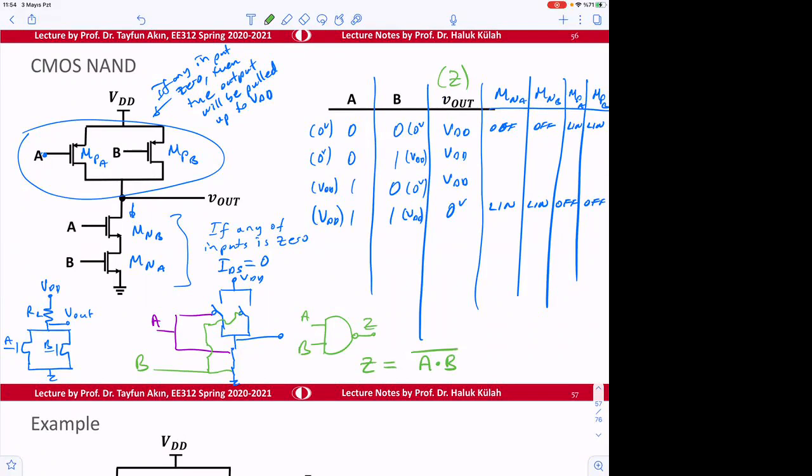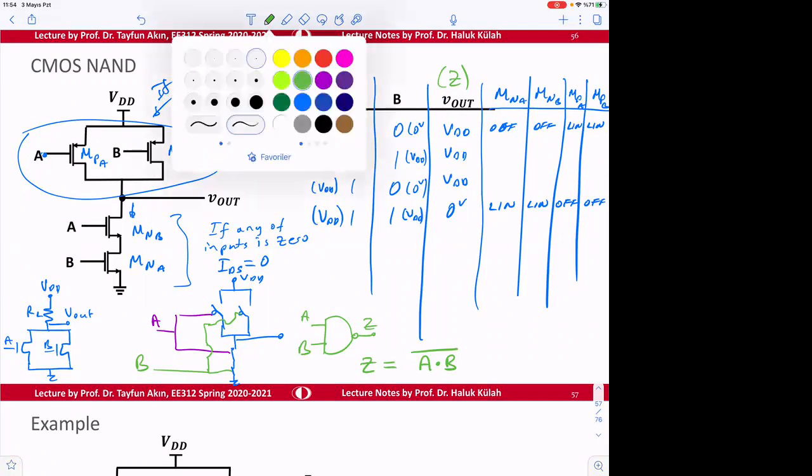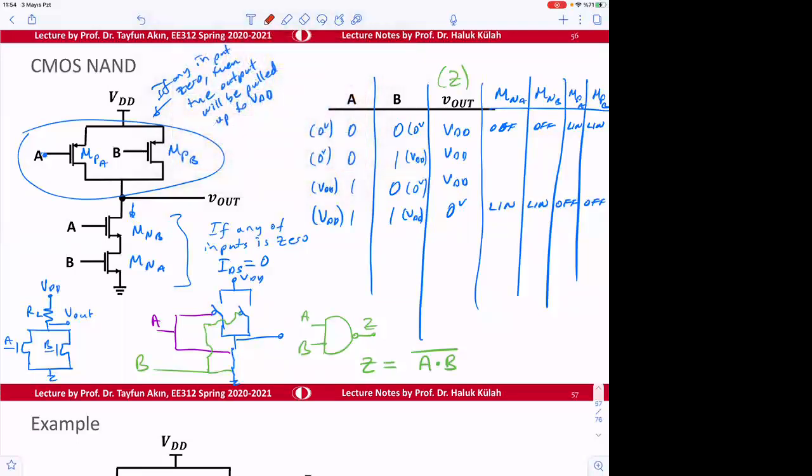Okay, so we know that now this is an extra information. This is called the N block. And then this part is called the P block. And the P block is the complementary of the N block.